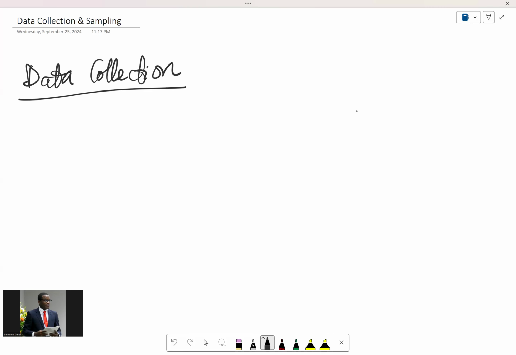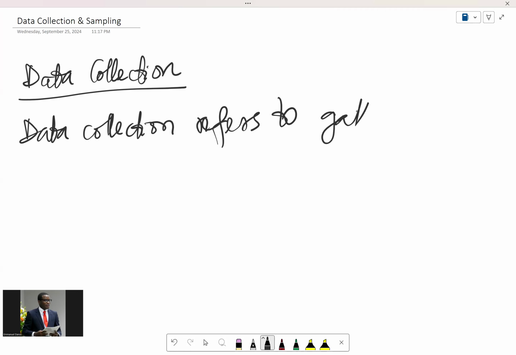So data collection is the first thing we are looking at here, and it is that data collection refers to gathering relevant data. Relevance is key. You don't want to gather data that will not be useful for you at the end of the day.